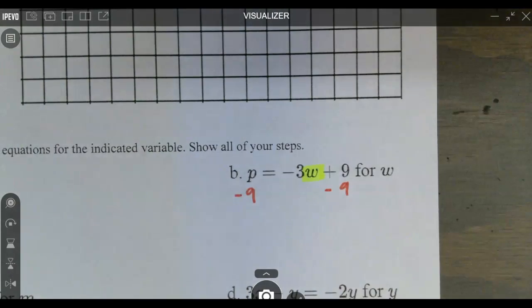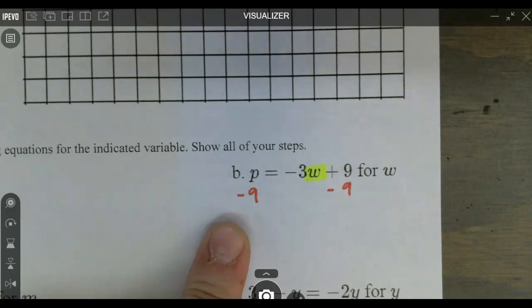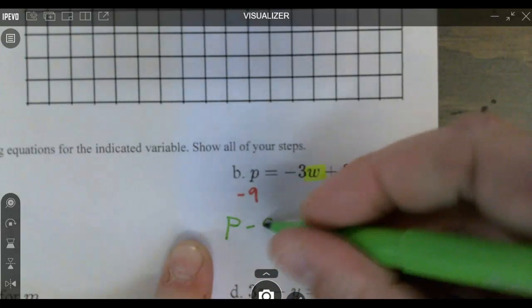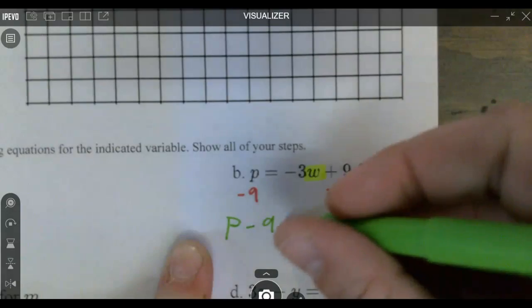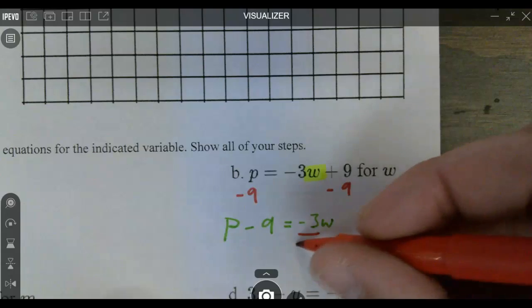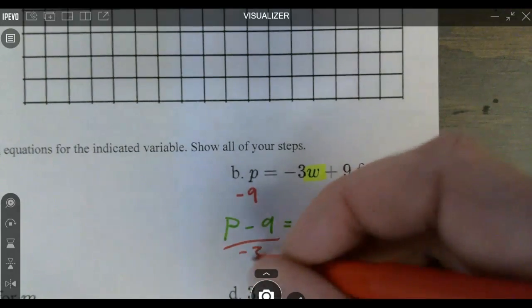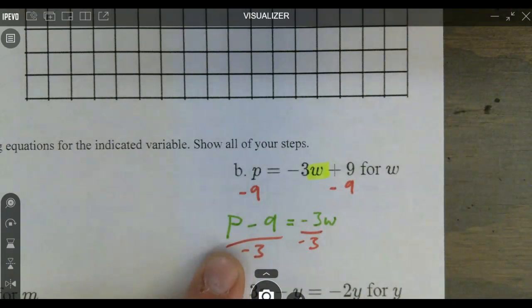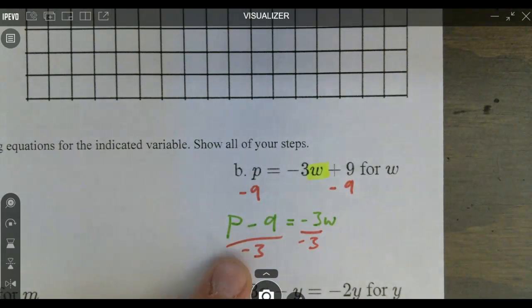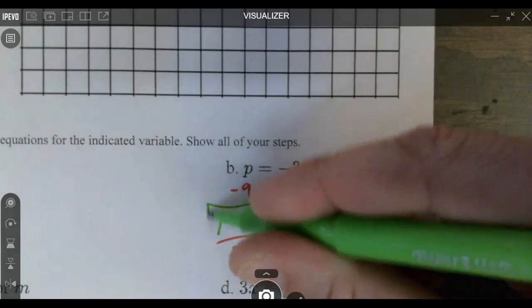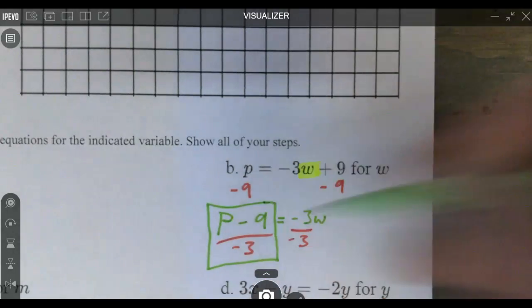We would now have P minus 9 over on the left-hand side. Or you could write P plus negative 9 equals negative 3W. We would divide everything by negative 3. Everything. So this will be negative 1/3 P or P over negative 3. Or, guys, this is 1W. So this is your answer.